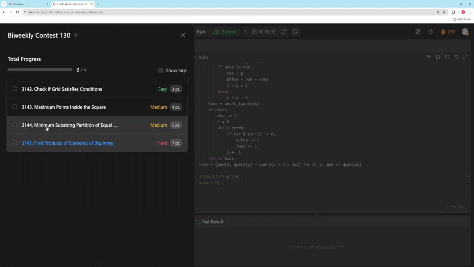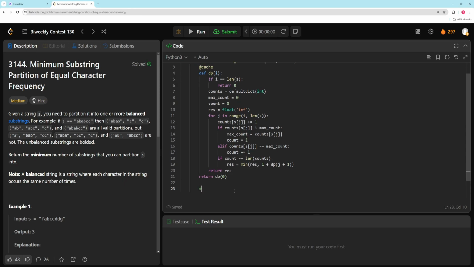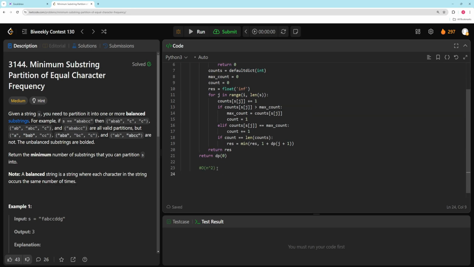And then the other ones. So this dp is O(n) squared, because we basically just have an index, which is O(n), and then a loop, which is another O(n). We have a letter count, which doesn't matter because it's only 26 letters, and then space is O of n.